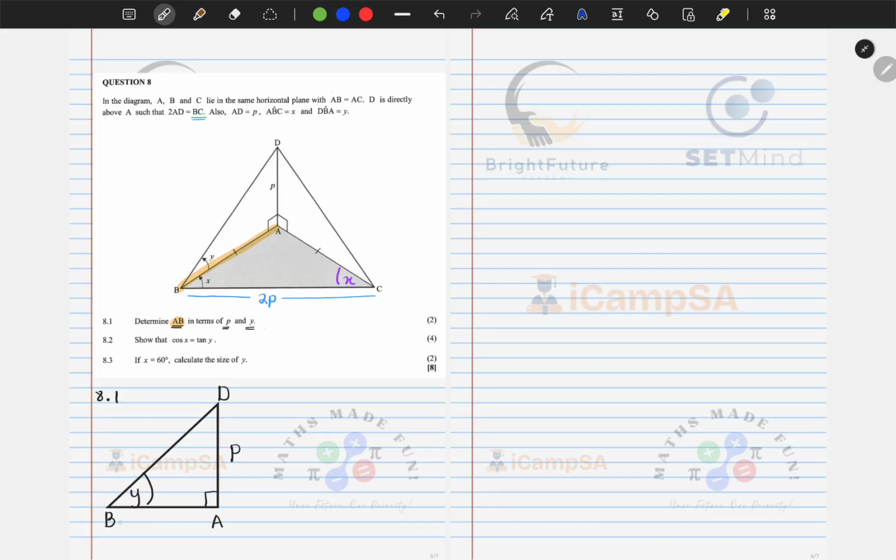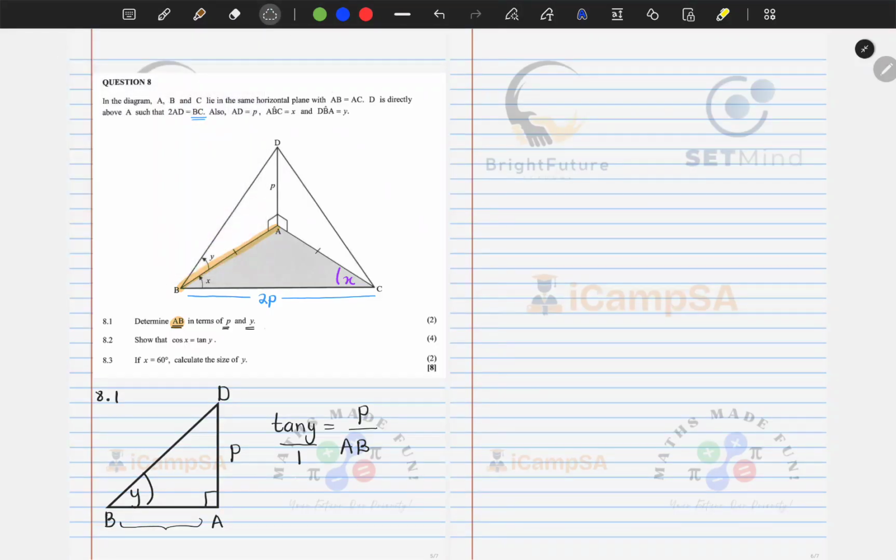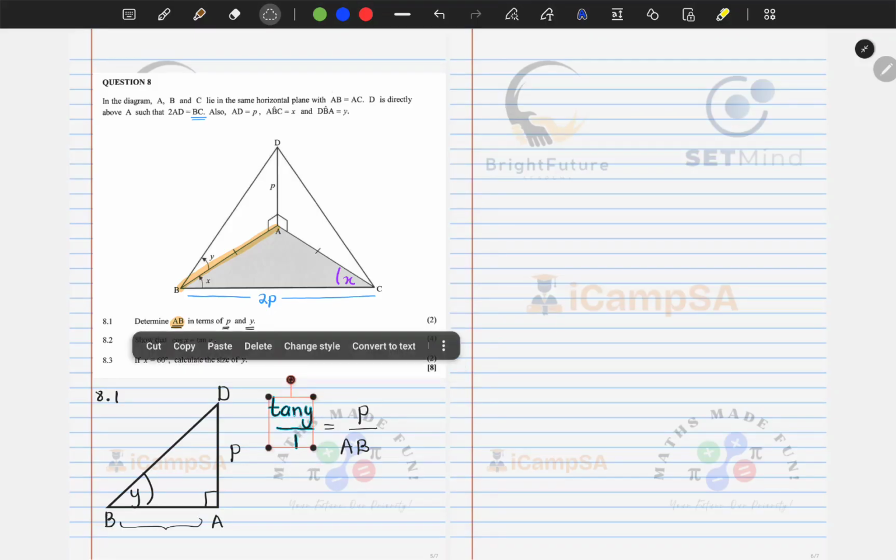If you observe carefully, you will see that our AB, when we look at the angle Y, is our adjacent side. So we're just going to use tan of Y equals, if you look carefully, our opposite side is P and our adjacent side is AB. Okay, and this is divided by 1. So what we can do is switch the numerator and the denominator on the left hand side.